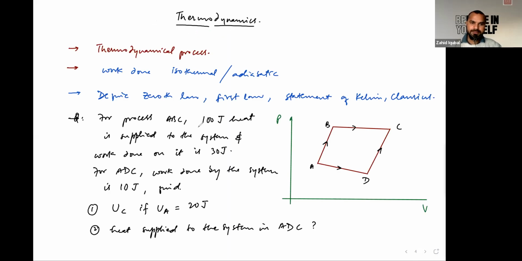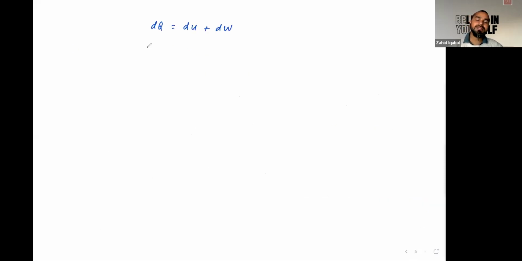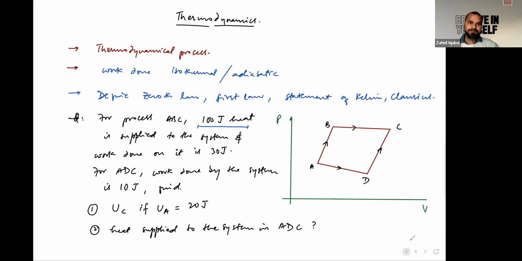In the first process, heat supplied to the system is 100 joule, so heat supplied to the system is taken to be positive 100. Change in internal energy plus work done. Work done on it, 30 joule. So will it be positive or negative, Samira?